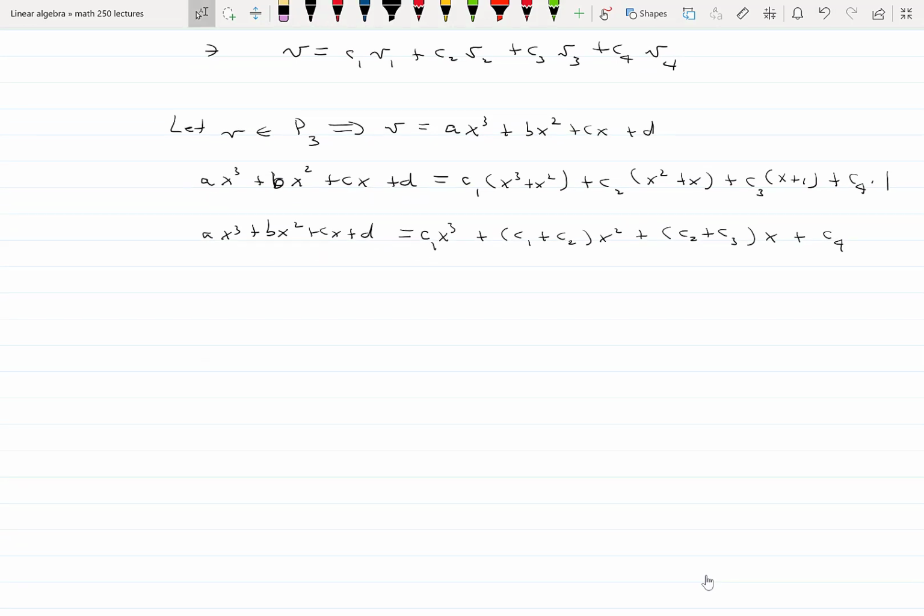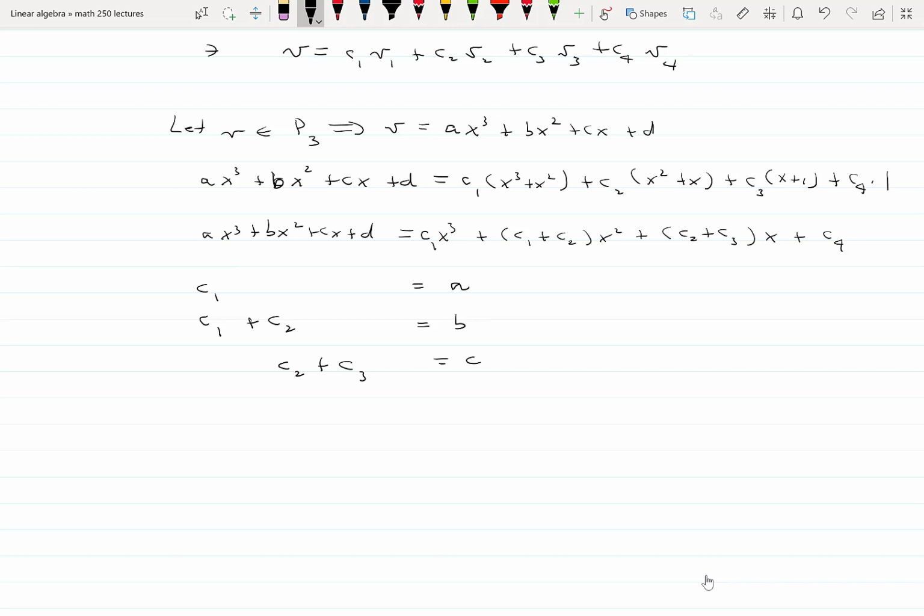Well, this equation has to be true for all x, independent of x. So the coefficient on the right of x cubed should equal the coefficient on the left of x cubed. So that says that C1 needs to equal A. It also says that C1 plus C2, the coefficient of x squared on the right, should equal B, the coefficient on the left of x squared. It also says that C2 plus C3, the coefficient of x on the right, should equal C, the coefficient of x on the left.